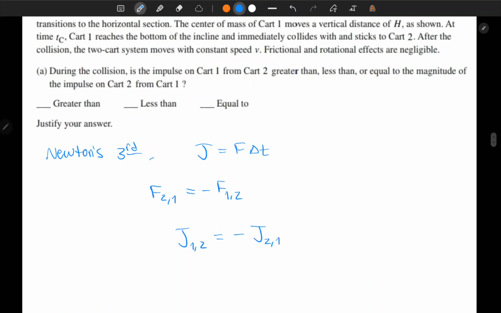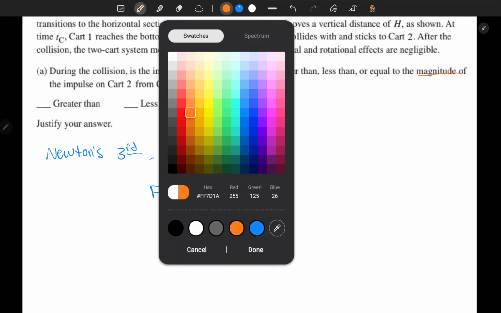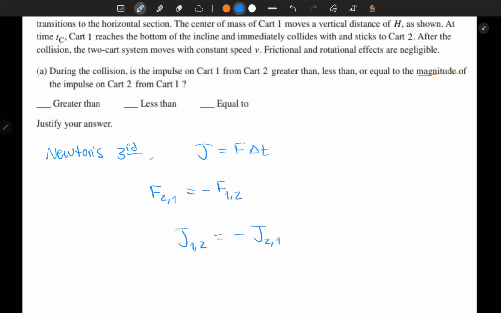But since we're only worried about the magnitude here, these two things are equivalent. So we find that the two impulses are equal to each other. And that is again because of Newton's third law.